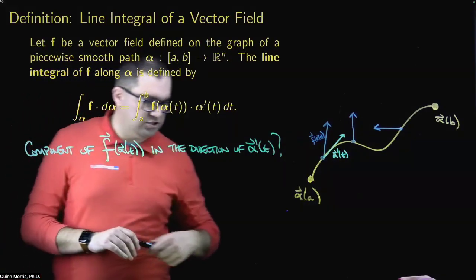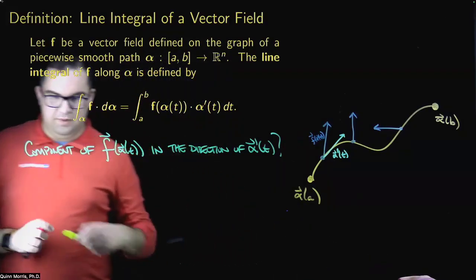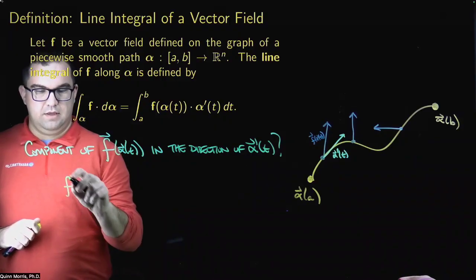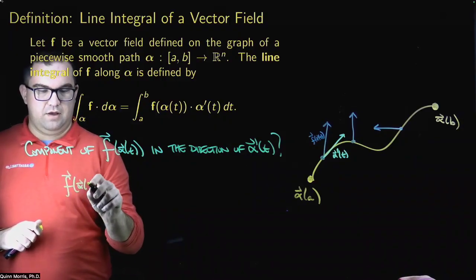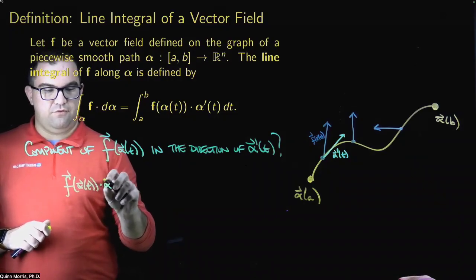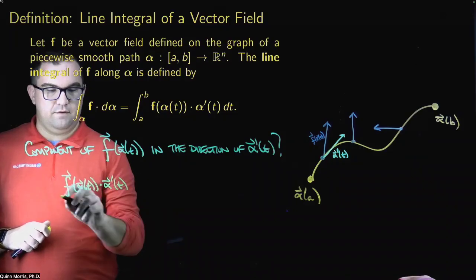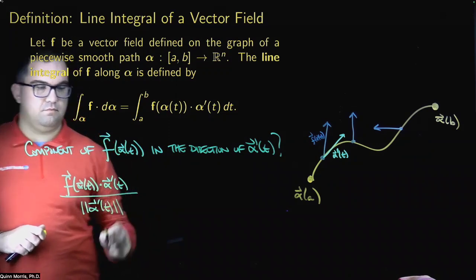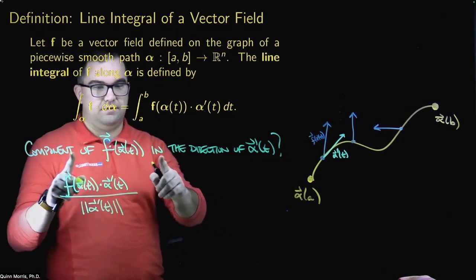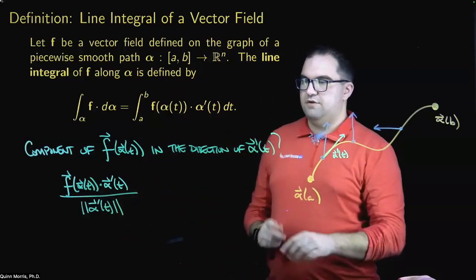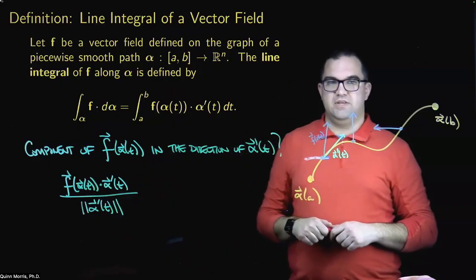So this is really just a formula. I'm not going to belabor it too much. This component is f of alpha of t dotted with alpha prime of t divided by the norm of alpha prime of t. That is the component of f of alpha of t that's in the direction of alpha prime of t.